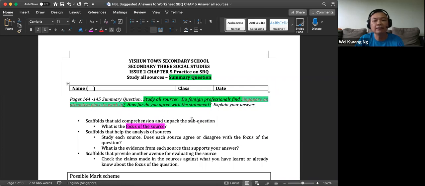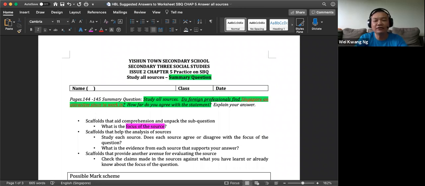Is Singapore an attractive place to stay or not? This is what we call the focus of the question. And all the sources will either give a yes answer, a no answer, or in some cases, there are sources which actually give both sides of the argument.